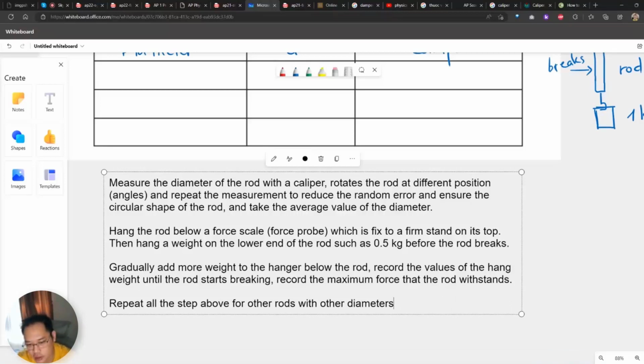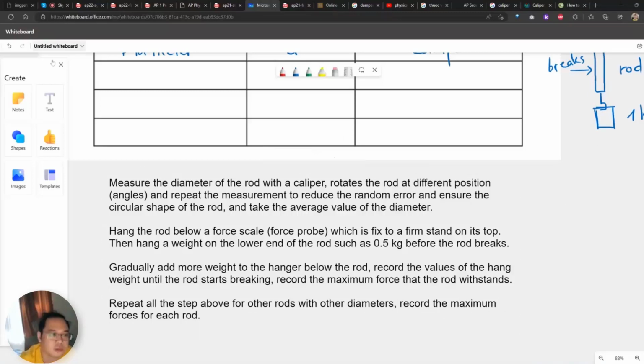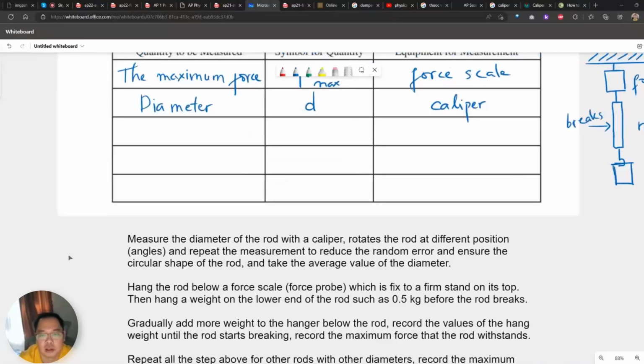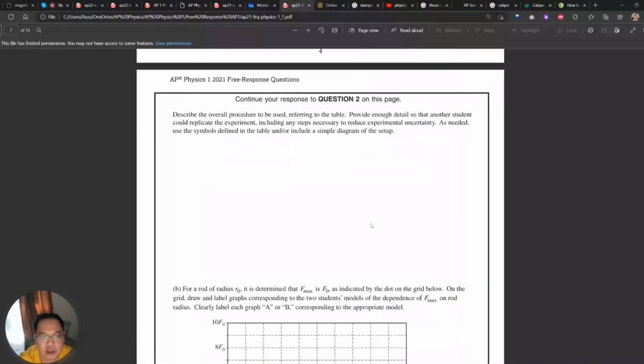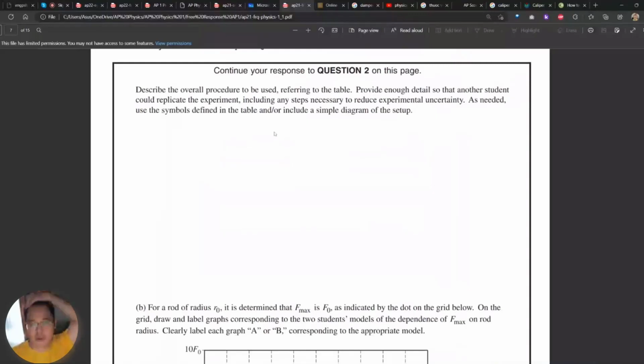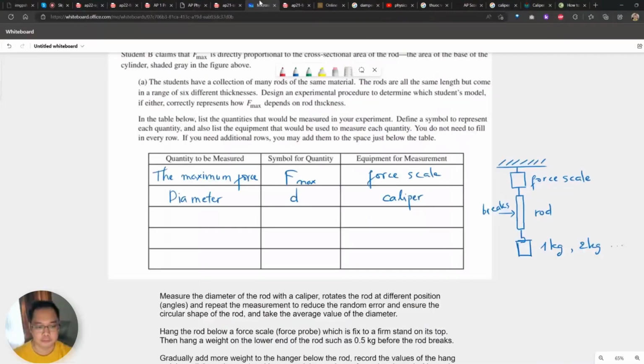They just mentioned that we have different rods with different diameters. Yes. Record the maximum forces for each rod. Okay, that's it. See the procedure. What's the next question? Describe the overall procedure, referring to the table. We've just done that. Now moving on to question B.